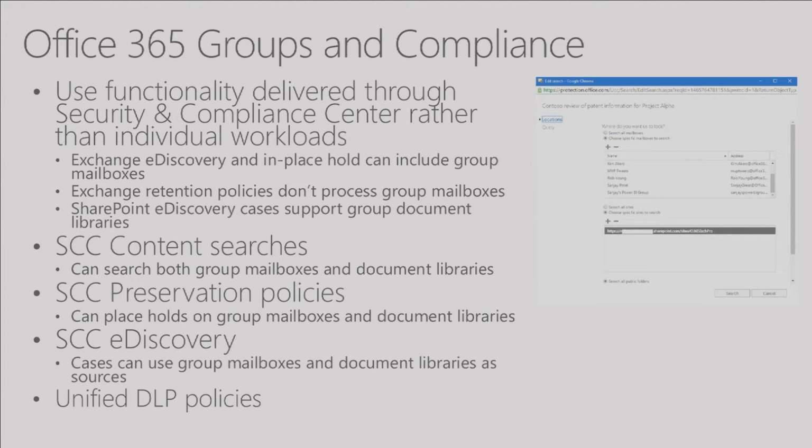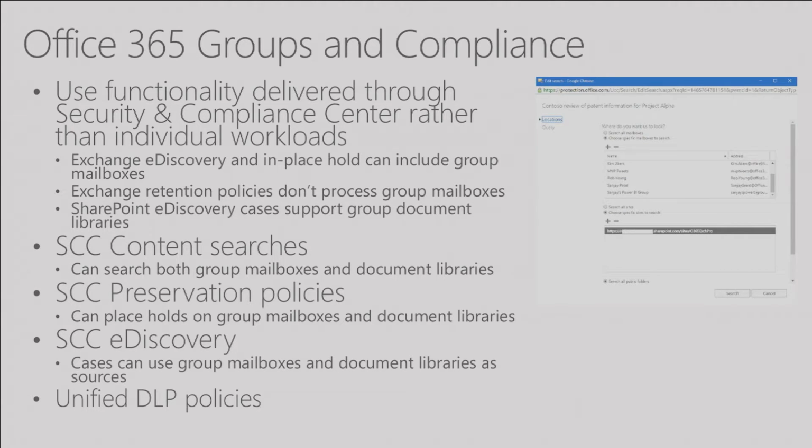SharePoint eDiscovery cases support searching through the group document libraries and the team sites, but of course they will ignore Exchange. However, if you're going to do content searches, if you're going to do eDiscovery searches, don't use Exchange or SharePoint. Instead, use the content searches that are available through the Security and Compliance Center. They're much faster, they retrieve information much more quickly, and they will find anything that's stored in a group.